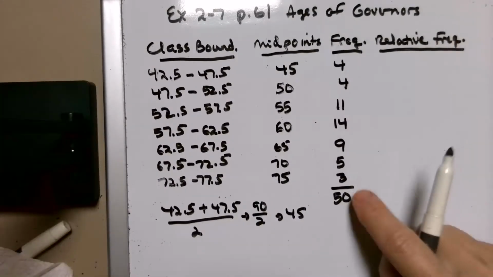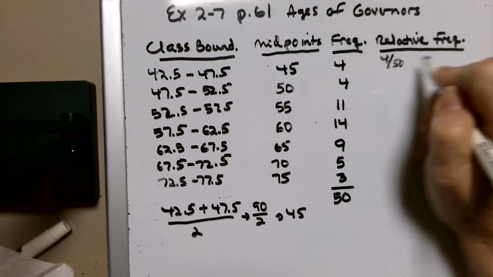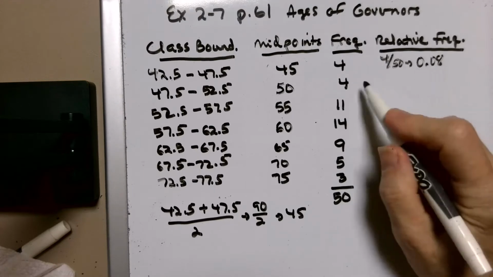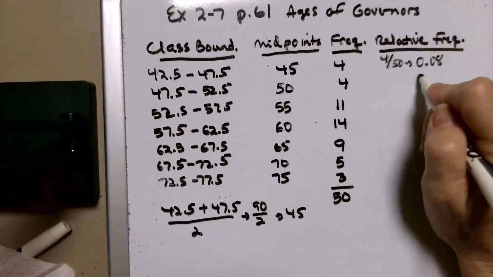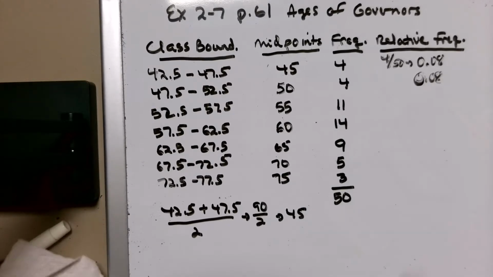So if I do 4 divided by 50, put that in my calculator, I'm going to get 0.08 or 8%. Same thing here, 4 divided by 50, that gives you 0.08 or 8%.